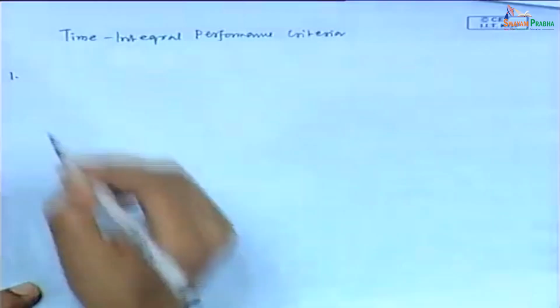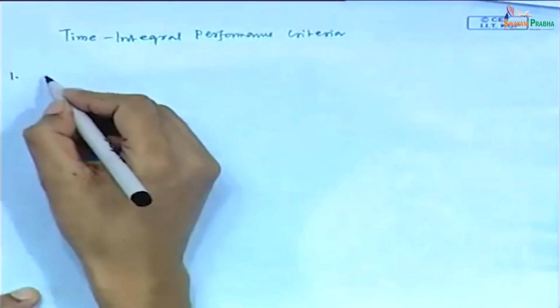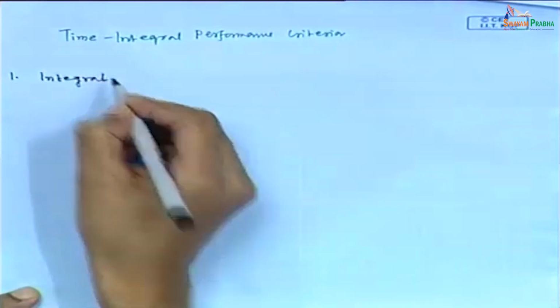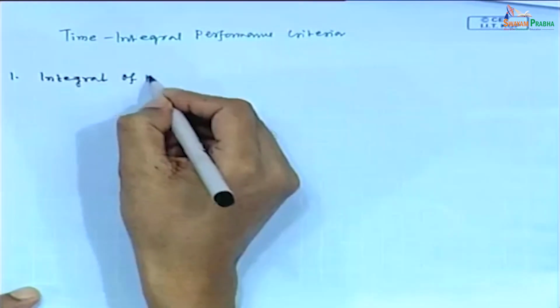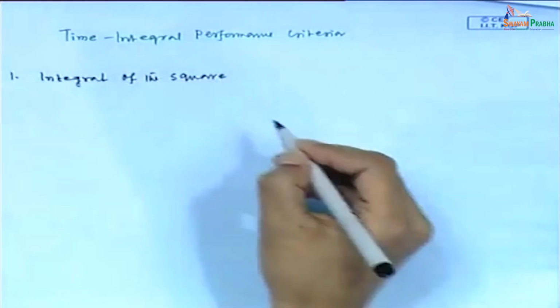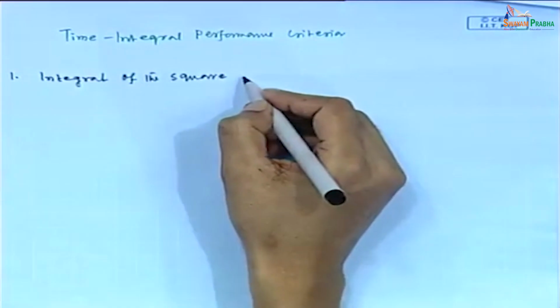Now, there are different time integral performance criteria. One is integral of the square error.